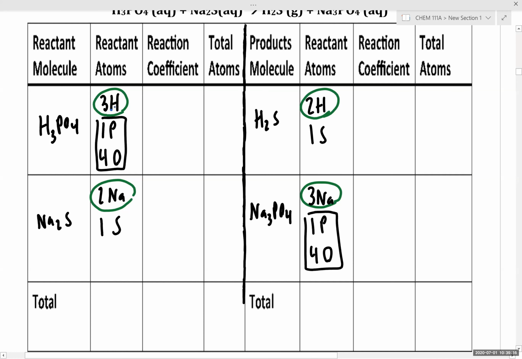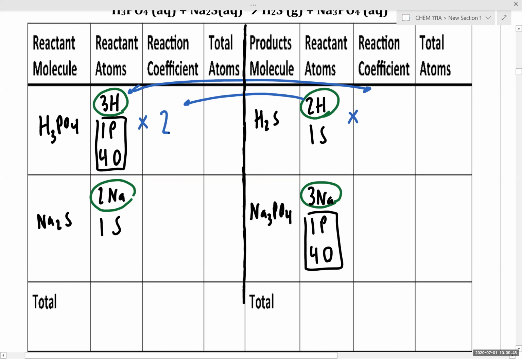Looking at whether we have different numbers of atoms of each element on each side, what you're going to do is take the number of atoms on the left-hand side and plug it in for your coefficient on the right-hand side. You're going to take the number of atoms on the right and plug it in for the coefficient on the left. This is known as the least common multiple method.